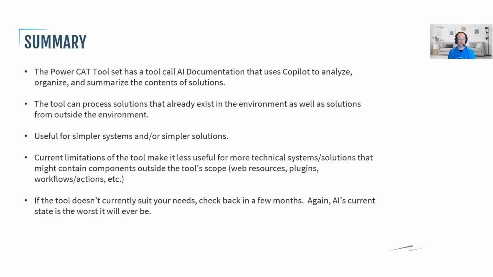But if the tool doesn't currently suit your needs, check back in a few months. The current state of AI, current state of Copilot is the worst it's ever going to be. It's only going to get better. It's only going to get more robust, more useful for you going forward. So if you looked at this and you're like, not really for me, it's a little bit too limited in scope, give it a few months, check back and see.